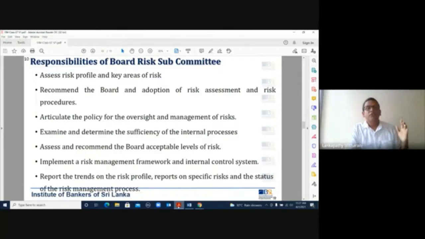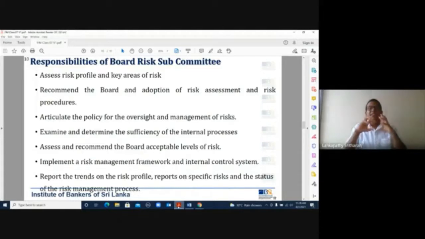Having noted that, we will move to the next one, the board risk subcommittee. I have already explained that it is the committee established by the board of directors. One or two board directors may be members of this subcommittee, the chief risk officer will be a member, and there may be one or two senior managers on the board risk subcommittee.